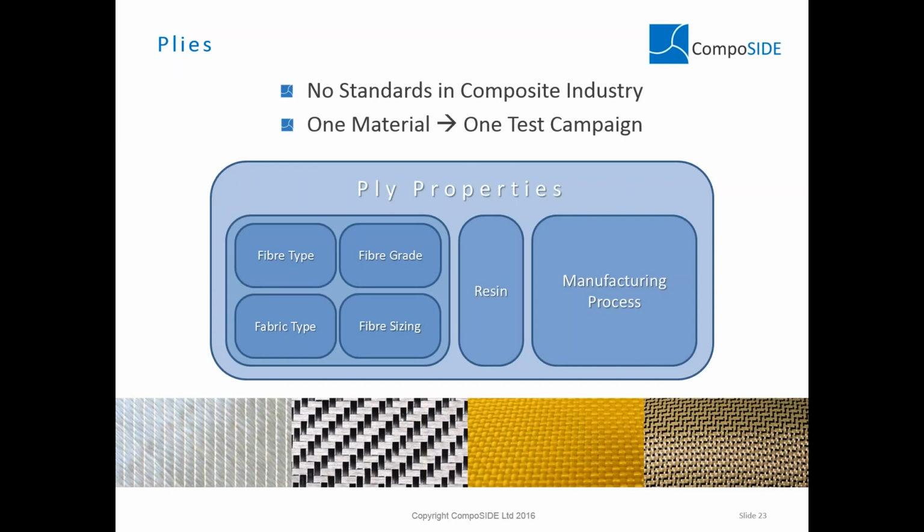Then you've got the resin that has its level of complexity, and finally the manufacturing process. The combination of those 3 key groups, fiber, resin, process, is what will determine your ply properties and how much of a given material you need for your application.